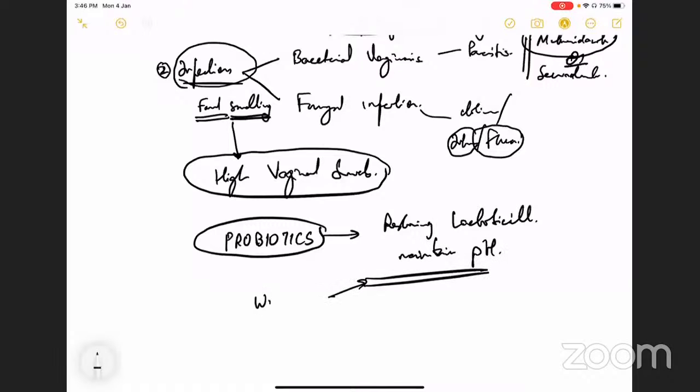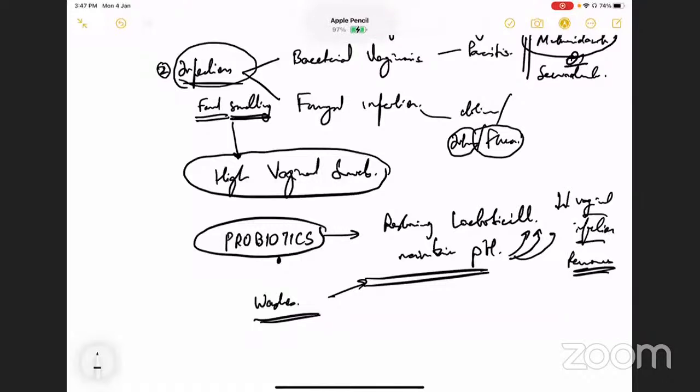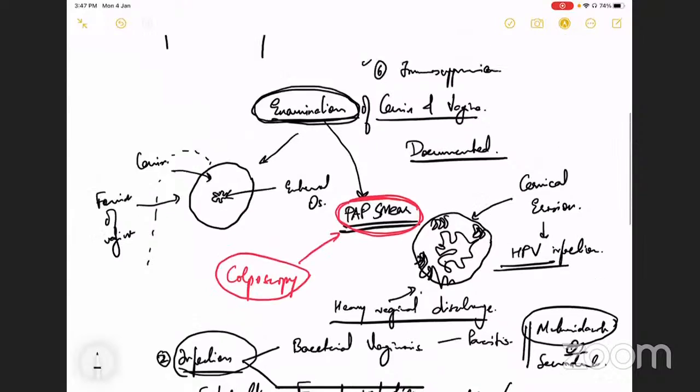We all know these are various forms of washes which are available, which are predominantly pH specific, and these further help in the growth of lactobacillus in the vagina, and the lactobacillus can also be supplemented with probiotics which further reduce vaginal infection recurrence. Okay, that is something which you must all understand. So please make it a combination that if you are giving antibiotics, you also give probiotics along with this, because addition of probiotics is going to really benefit your patient.